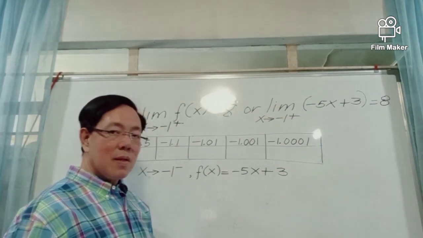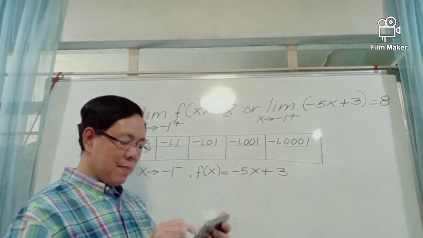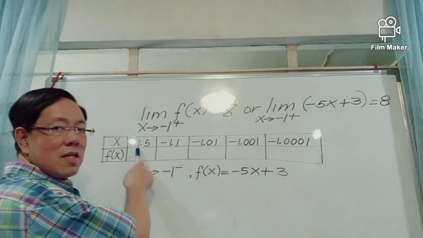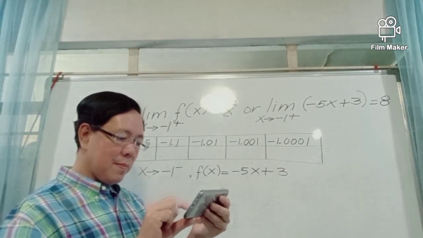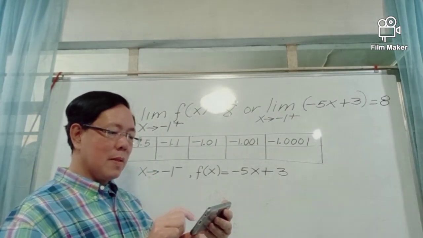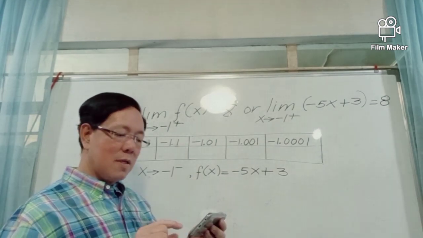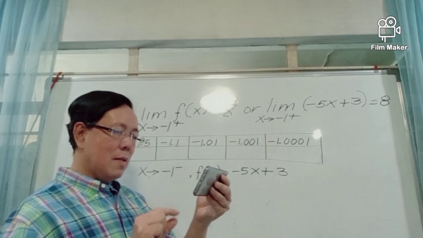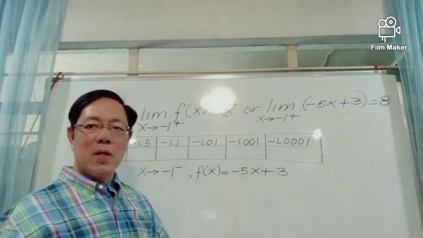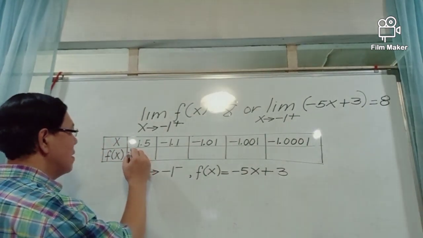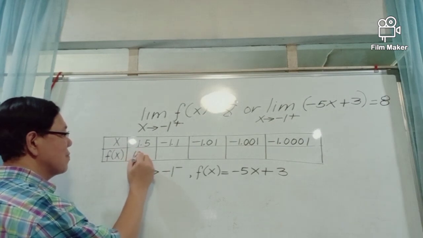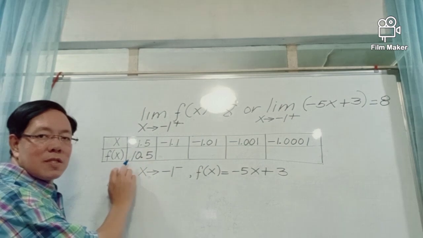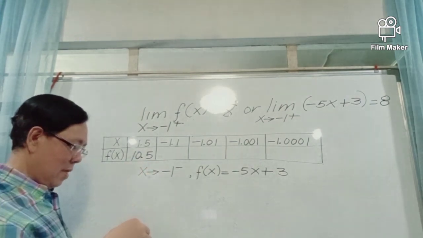And we do that: negative 5 multiplied by negative 1.5 plus 3, and we get 10.5. When x is negative 1.5, the value of the function is 10.5.